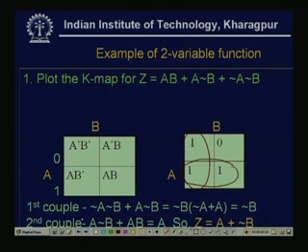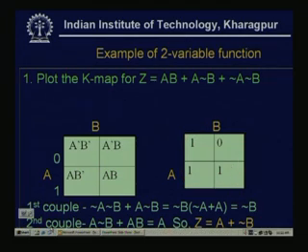So, the first couple will be a bar b bar plus a b bar, because the first column represents that, and that will be nothing but b bar, which represents the first column. Similarly, the second couple is nothing but the second row, a. So, this is reduced to a plus b bar. Last day we have seen that.